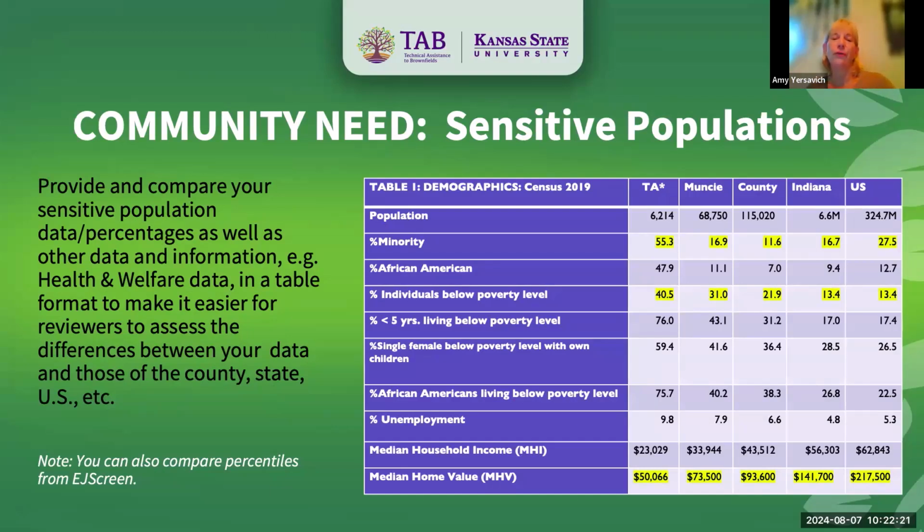It can allow you to mention your target area, discuss your target area, and it's an easy way for reviewers to compare how that target area compares to maybe the state or the city, the US. You can add discussion to this, but it's just an easy way to let them know what the data is very quickly.